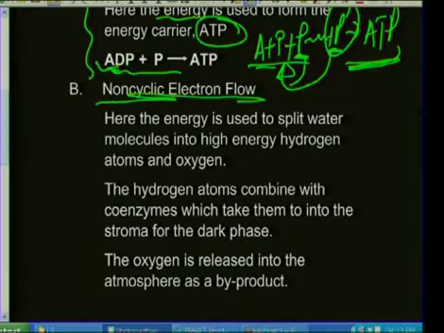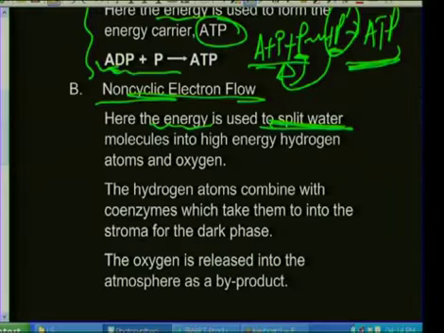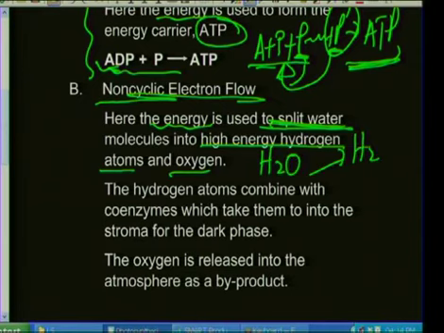Non-cyclic electron flow. Non-cyclic, so that means here there's no proper cycle that's taking place. Here, the same energy is used to split water into high energy hydrogen atoms and oxygen. In other words, H2O is split into H2 plus O. This oxygen is going to be released.